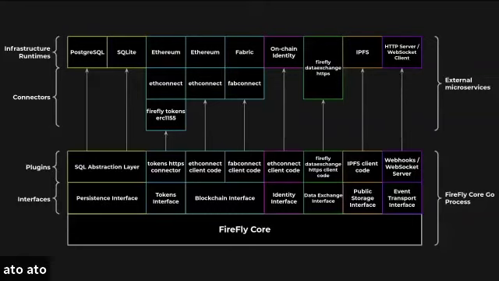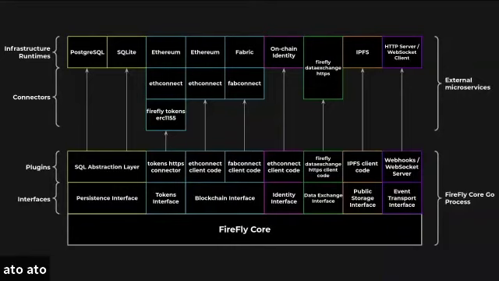Out of the box, we have plugins today for a SQL abstraction layer, and we can use PostgreSQL or SQLite. So when you're running in a local dev mode on your machine, it uses SQLite. When you deploy into production, you can use Postgres, though. But if you wanted to bring another database to FireFly, it's really easy. Just implement the few functions defined in the persistence interface, and you can create your own plugin.